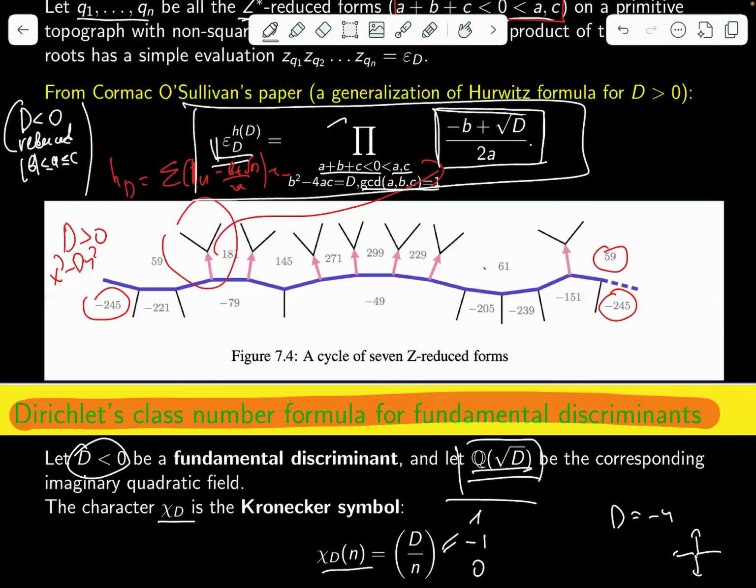I think it's a different Hurwitz. This Hurwitz is about number theory, and that Hurwitz is about coverings and all this stuff. Well, I may be wrong, but I think it's a different Hurwitz.